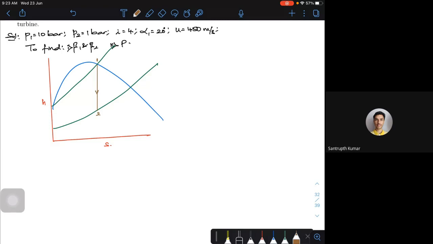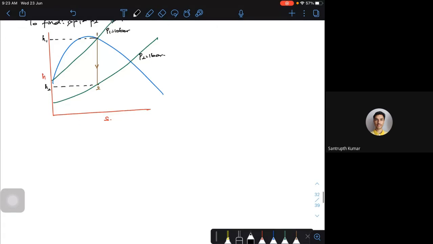Now if I draw a horizontal line here, I'll get my H1, and if I draw a horizontal line at 2, I'll get my H2. So you have to go to your Mollier chart or HS diagram, and we can easily get it. P1 is 10 bar and P2 is 1 bar. Similarly, if I need velocity triangles, I can do the same thing.